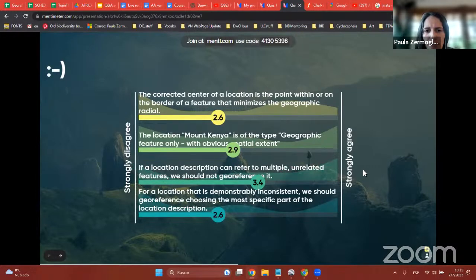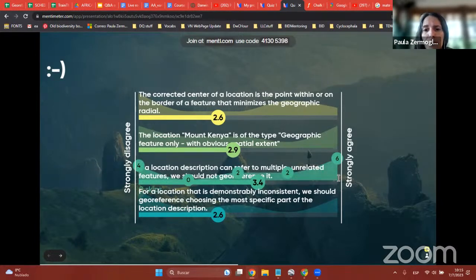The next one is, if a location description can refer to multiple unrelated features, we should not georeference it. And here we also have some variation. Most people agree that we should not georeference it. And that is correct.